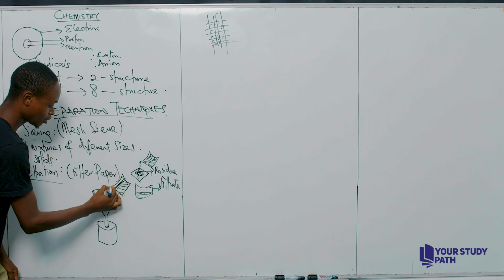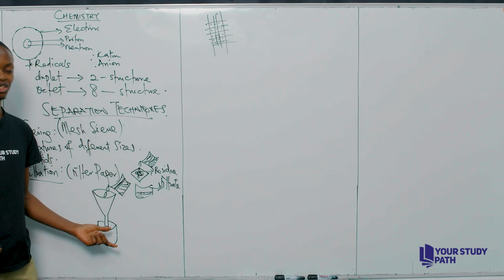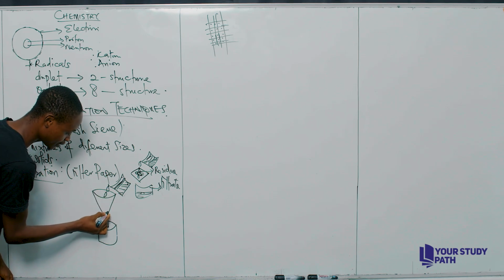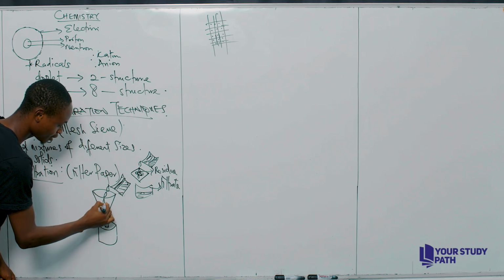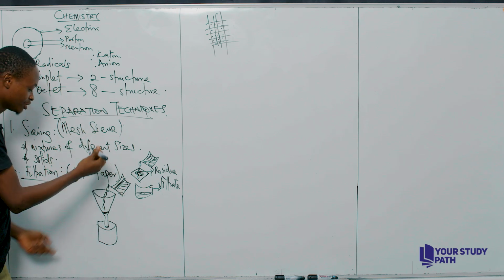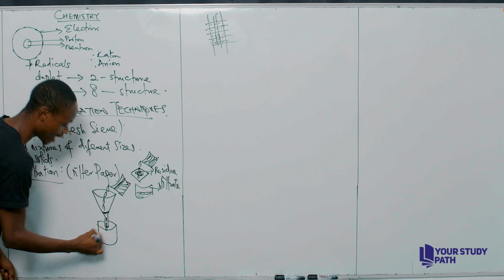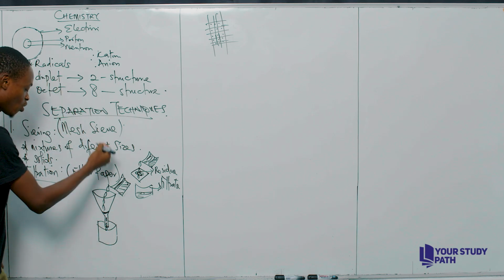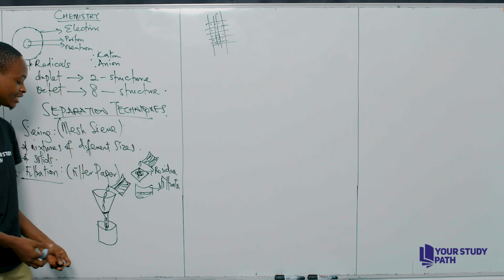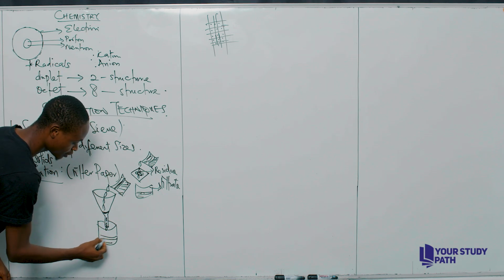But you don't want it to just flow straight down, because that means the process is useless. So you can place your filter paper here, such that once that liquid comes in with that solid, only the liquid, which in this case is the pure form we want, goes into the beaker.